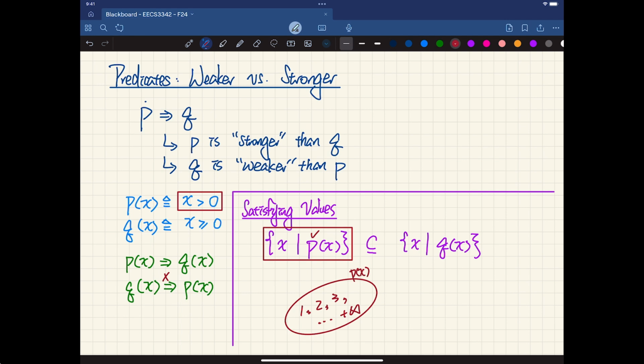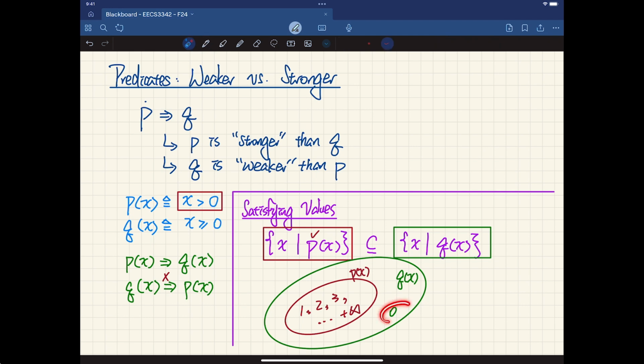And that one there is contained within this set over here. So you can draw another bigger one over here. This one would be q of x. And I'm pretty sure you know that the value I can put here would be exactly just 0, meaning that 0 is the additional value that satisfies this, but not this. All right, so when you review the example, you will see.